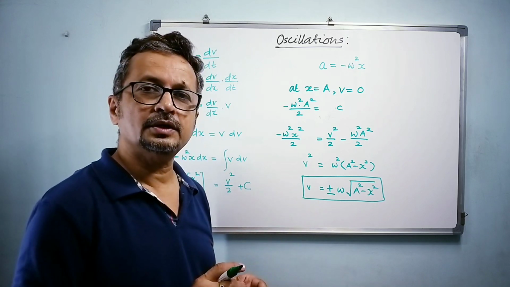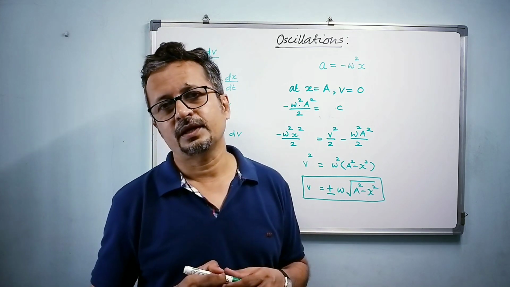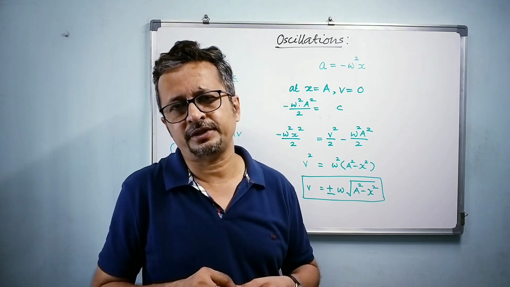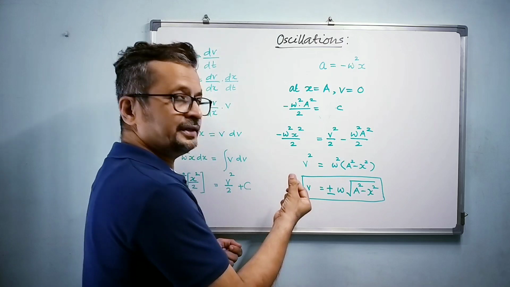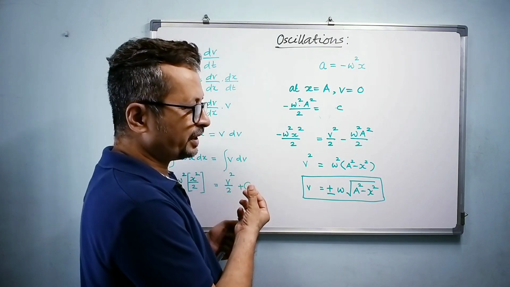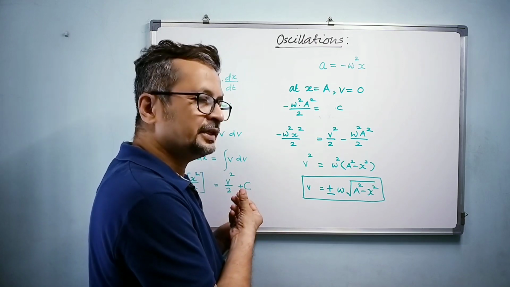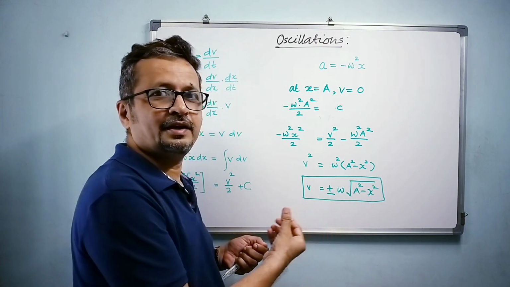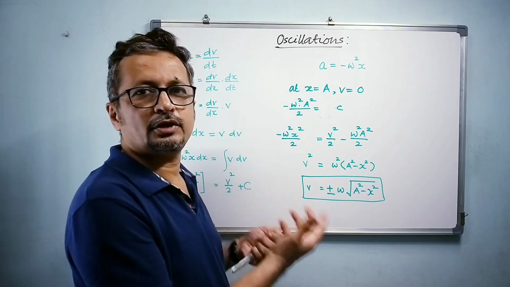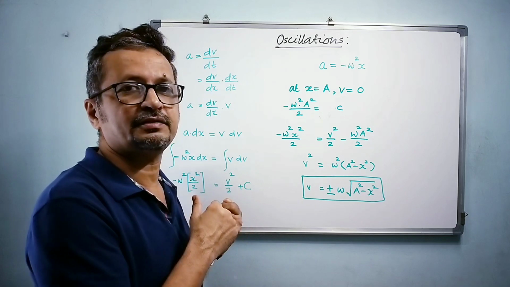Now here I have these two values of velocity, and that makes perfect sense, right? Because when you are going towards right, at some particular distance from the mean position, your velocity is towards right. So if we take velocity towards right positive, then obviously velocity towards left is negative, correct?